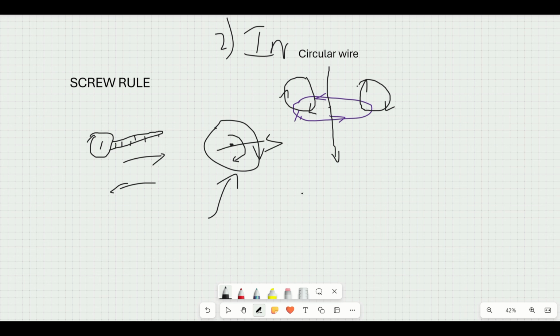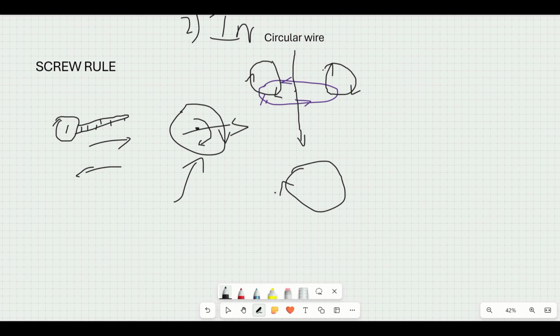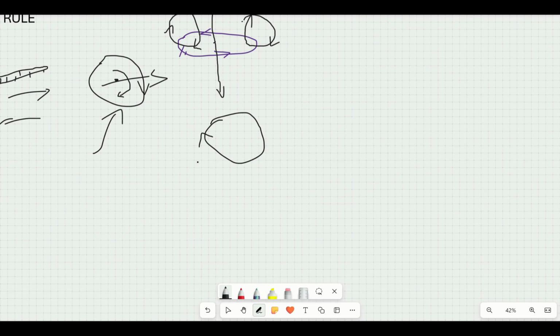And just opposite to the case, if the current is flowing in anti-clockwise direction, then we will place a screw just here and rotate it anti-clockwise. Oh man, this is still clockwise, sorry, my bad. If it is going in anti-clockwise direction, we will move the screw anti-clockwise.